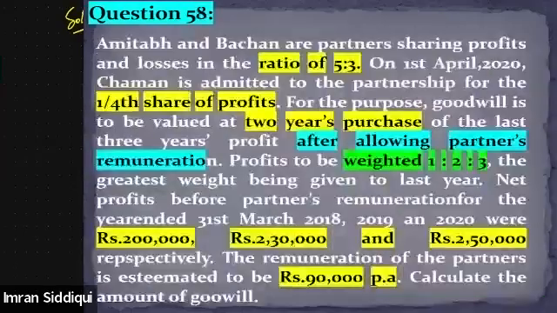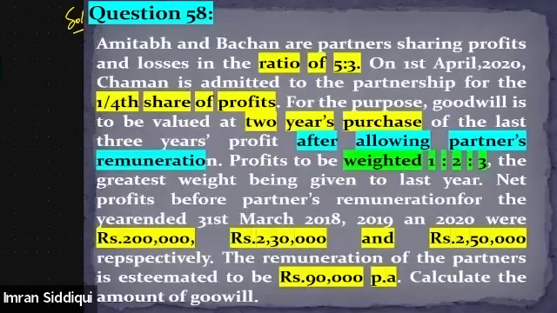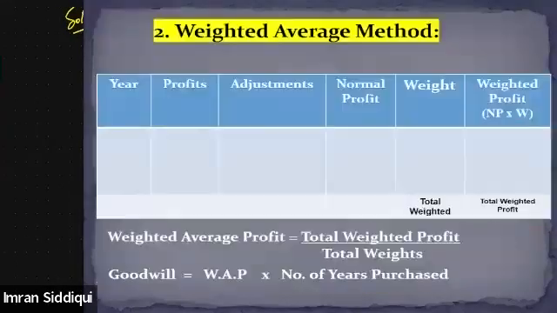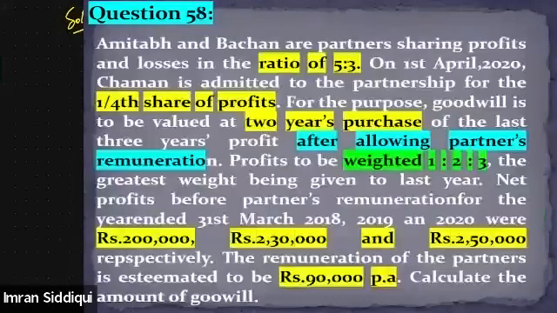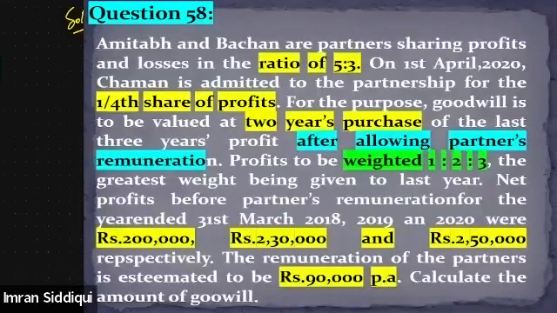I think I've given you question number 59, right? Or 50? I think 59 I gave you for the homework, yes or no? No, sir. Did I give any homework to you? Yes, sir.